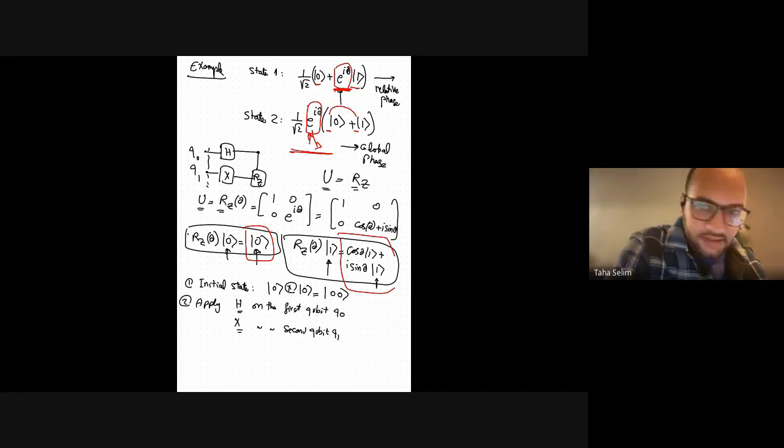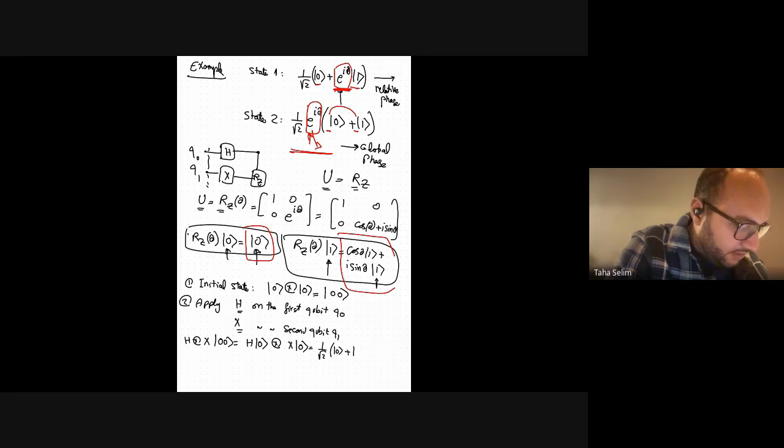So if I do that, I will get H tensor X acting on the ket 0, 0. This will give me H acting on ket 0 tensor X acting on ket 0, then I will get 1 over root 2, ket 0 plus ket 1, tensor ket 1.